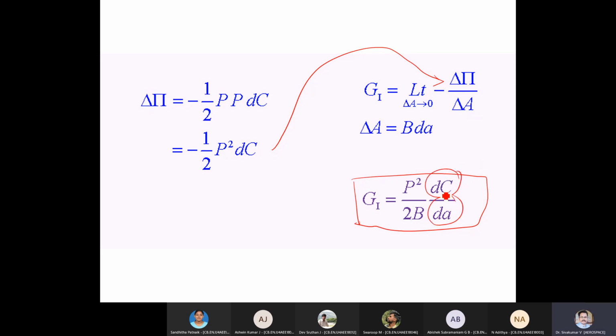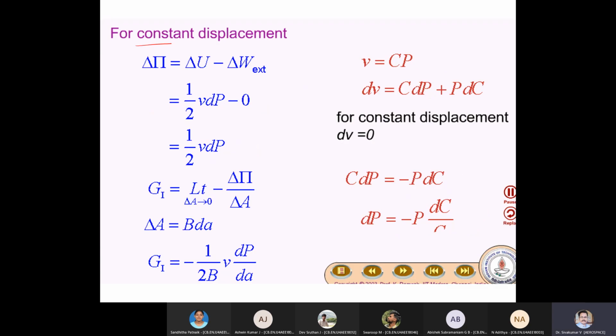We will complete it. Now we are switching over to constant displacement. What is the constant displacement? Total potential energy is sum of the strain energy and potential energy. In this particular case, we know this is 0. That is what it is 0. So this is what the del phi.